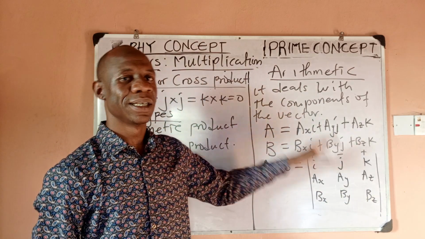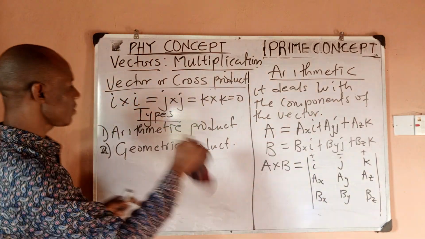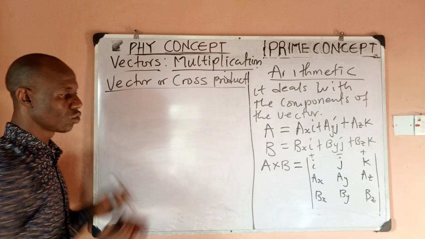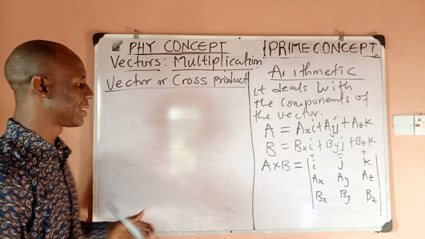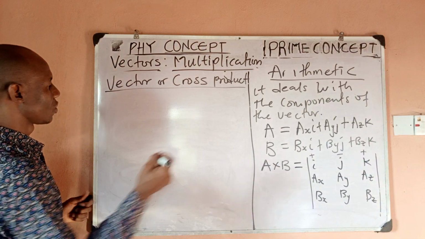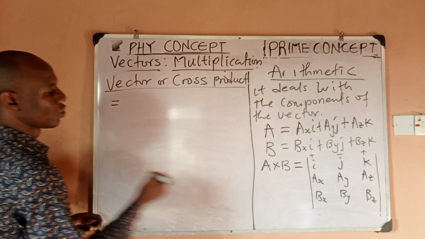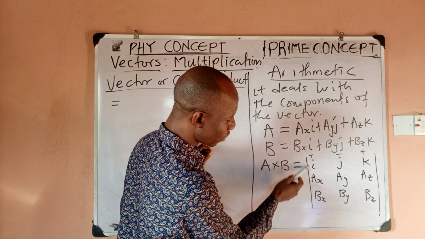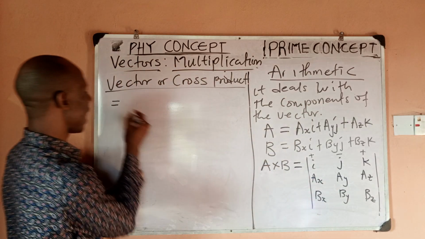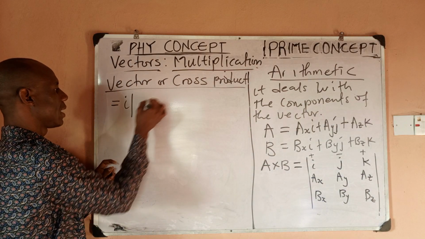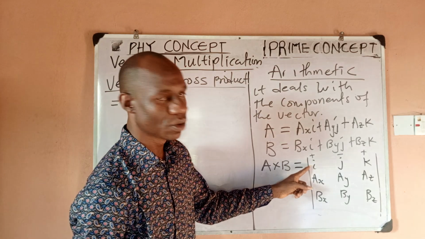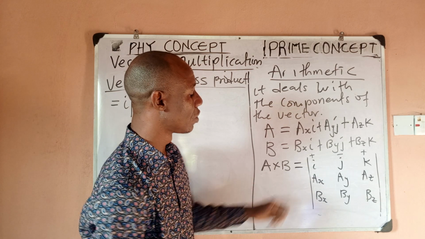Once you arrange it, the next thing is to reduce that into a 2 by 2 matrix and then find the determinant. So I want to reduce that to a 2 by 2. So this is what you do. First you write your i, you're starting with i, then let's build a 2 by 2 matrix. You close everything that has to do with i vertically and horizontally.